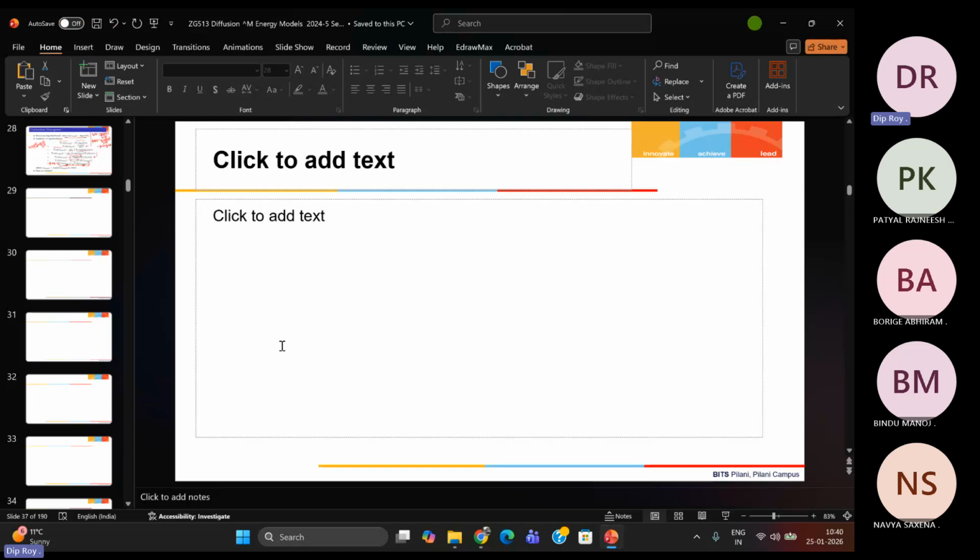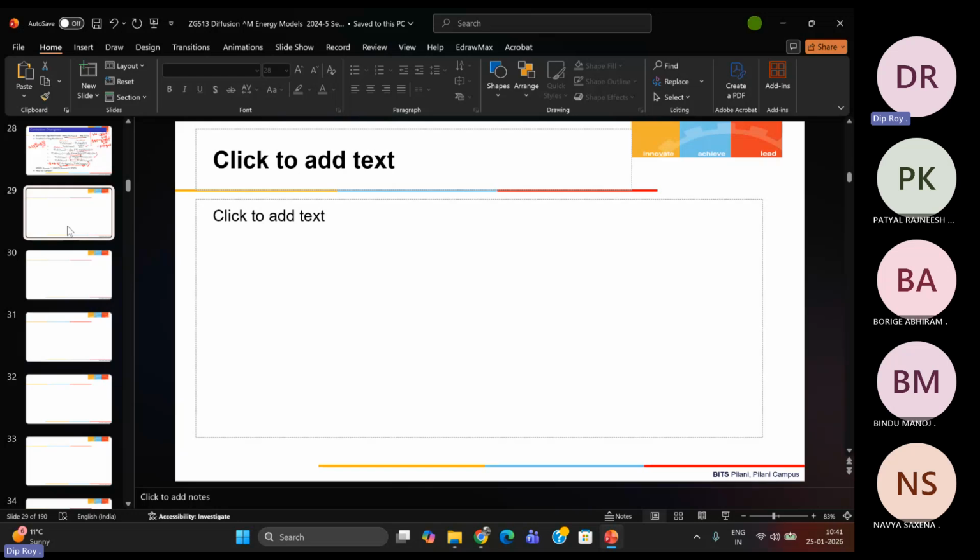So we were discussing energy-based models last time, and we discussed quite a bit about them, and we came up with the concept of contrastive divergence.